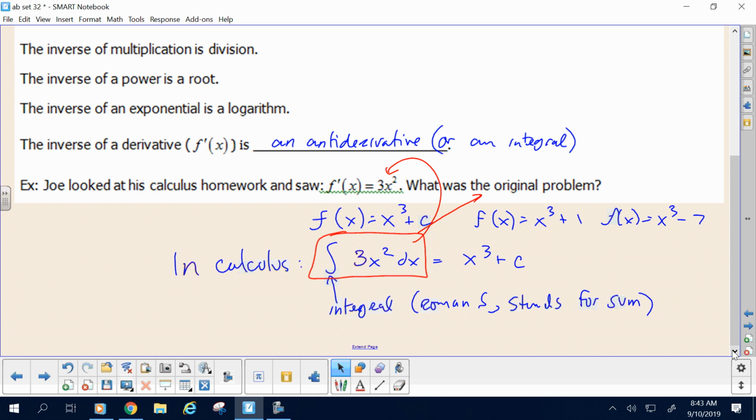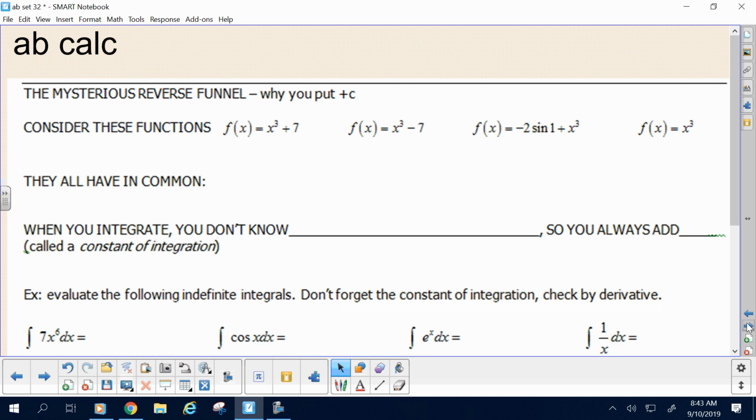Why you want to do that? Oh my gosh, I'm so excited for you to see. It will be great. All right, now, as I was talking about with the plus c, all of these could have been the original here. Do you agree that f of x, the derivative is 3x squared?